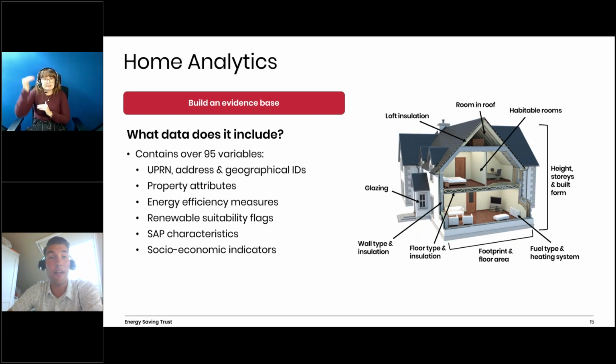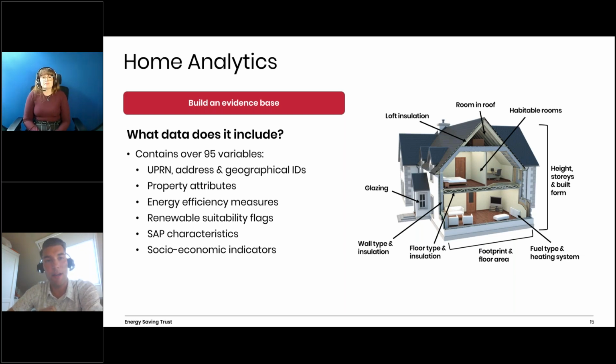It includes information on energy efficiency measures, such as wall, floor, loft insulation, glazing, fuel type, and heating system. It includes indicators for low carbon heating systems, so it would identify if a property is suitable for air source or ground source heat pumps, solar PV, solar thermal, or biomass boilers.